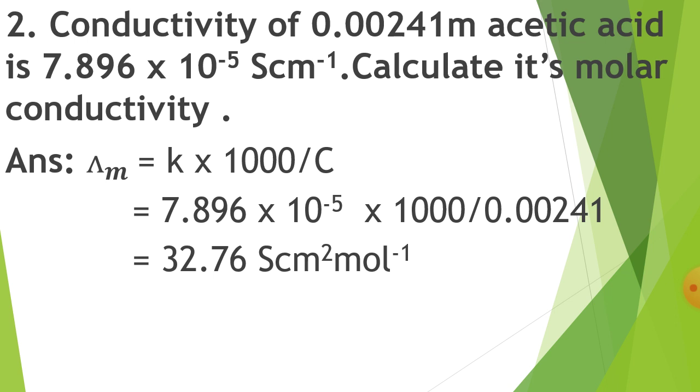So again put the formula, lambda m equal to K into 1000 divided by C. Here C is given 0.0241, K is given 7.896 into 10 to the power minus 5. So putting these values, we can calculate the molar conductivity. This type of question is also asked in the board examinations. So that's why you have to learn this formula properly and try to write the answer like this.